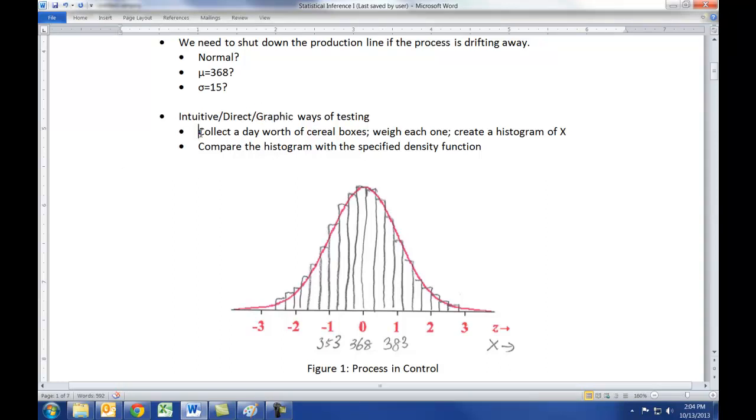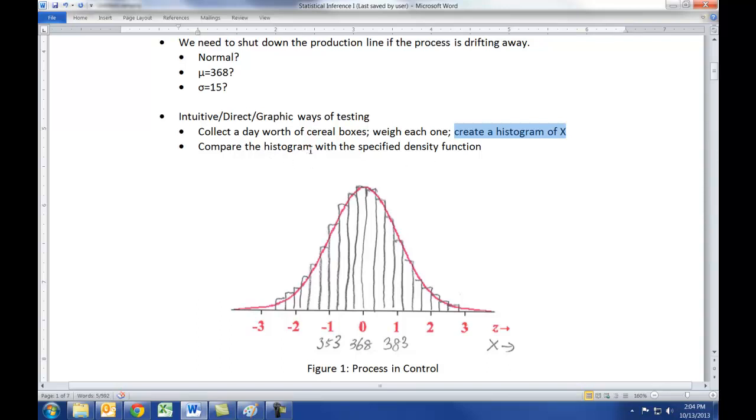For example, we can collect a day's worth of cereal boxes. Let's say it's 10,000 boxes produced per day, and we can weigh each one of them, and we can create a histogram for X, which is weight per box.